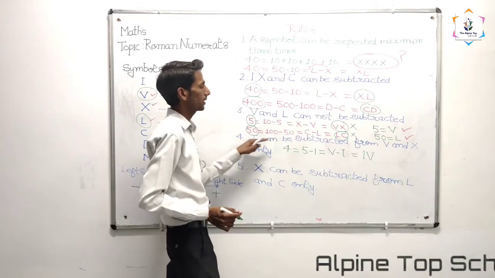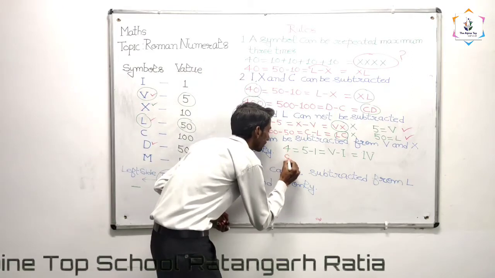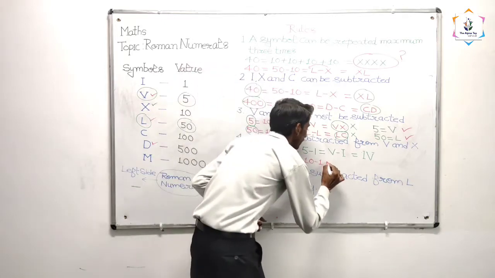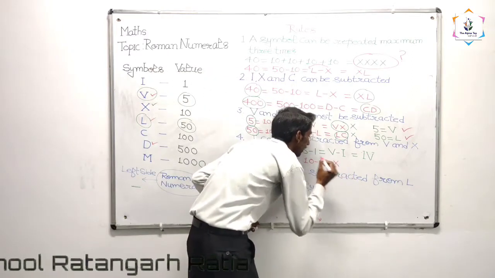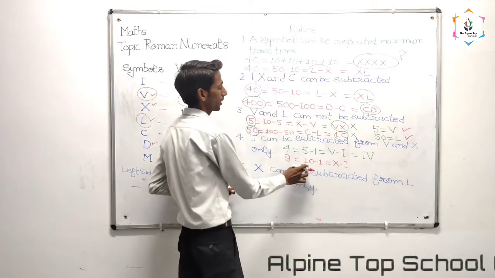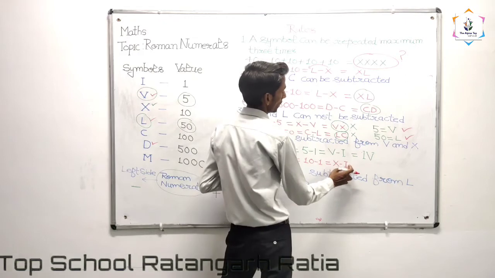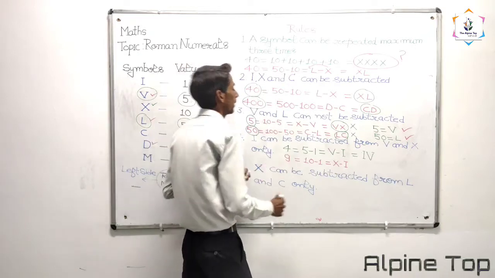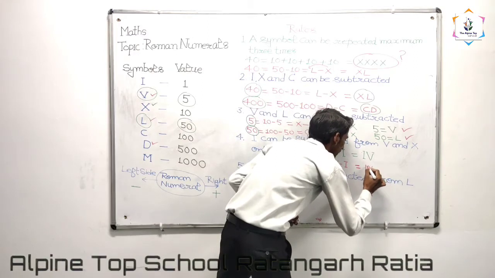Here students, you are observing, I am subtracting I from V. Upside we are studying the rule, I can be subtracted from V and X only. Now see one more example. Just imagine I want to write 9. Obviously students, you can write it 10 minus 1. For 10 we have Roman numeral value X, and for 1 capital I, because I am subtracting 1 from 10, and under the Roman numeral system we have to shift that Roman numeral which is on right hand side to left hand side like this, IX.